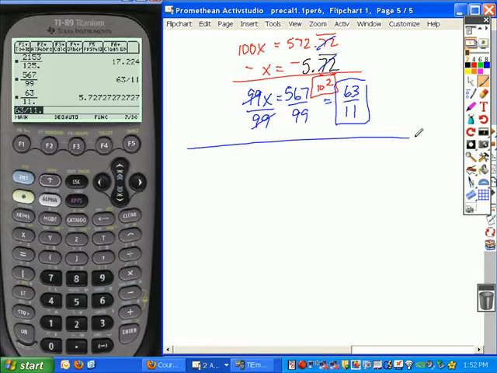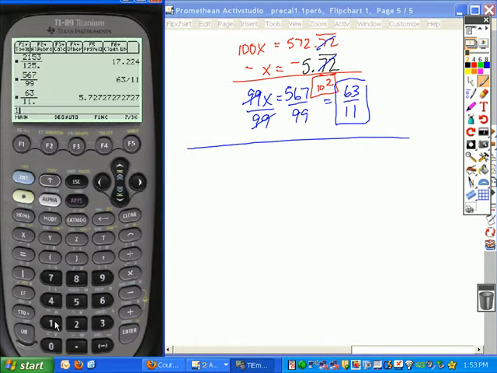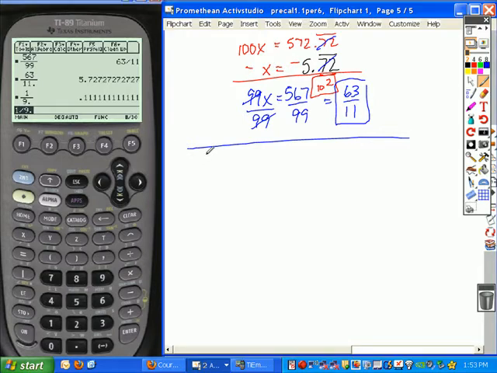So if you take, on your calculators, 1 divided by 9 in decimal form, it's 0.111, right? So let's think about that pattern. 1/9 is 0.11 repeating. 2/9 is going to be what? 0.2 repeating. 3/9, 0.3 repeating. So what's 9/9 going to be? 0.9 repeating. And so it's just another way to verify that.